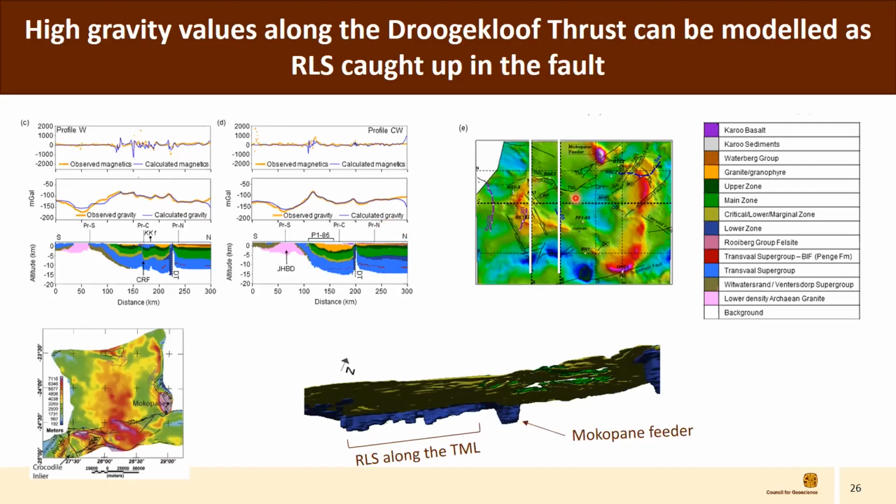So I put some dense material going deep, conceivably next to the thrust, although here it's very vertical, but it doesn't necessarily have to be that vertical. If I put dense material in there, then I can get the fit. And then at the top, there is some Bushveld, some banded iron formation to model the magnetics.